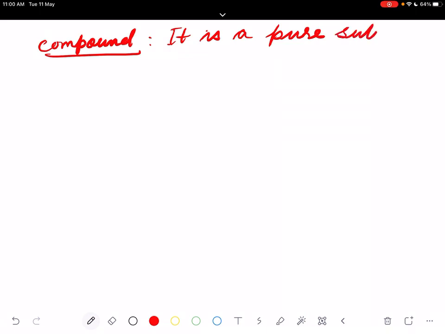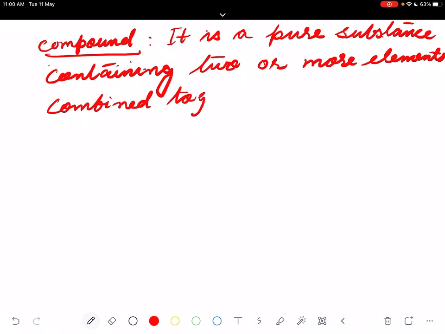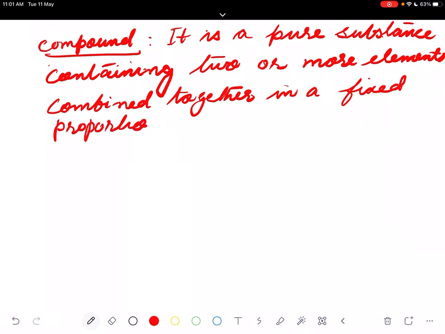It is a pure substance containing two or more elements combined together in a fixed proportion by mass.